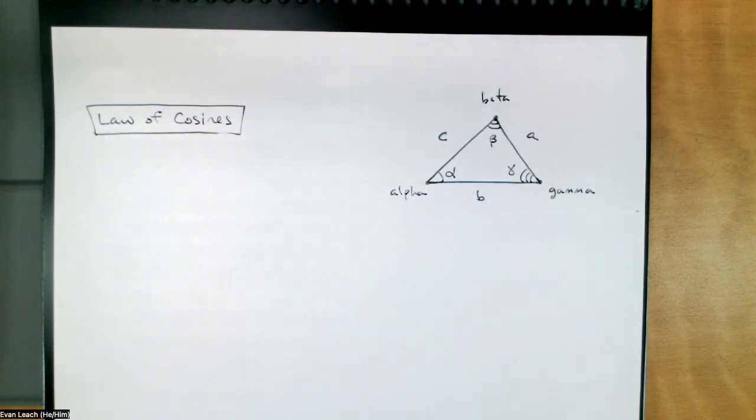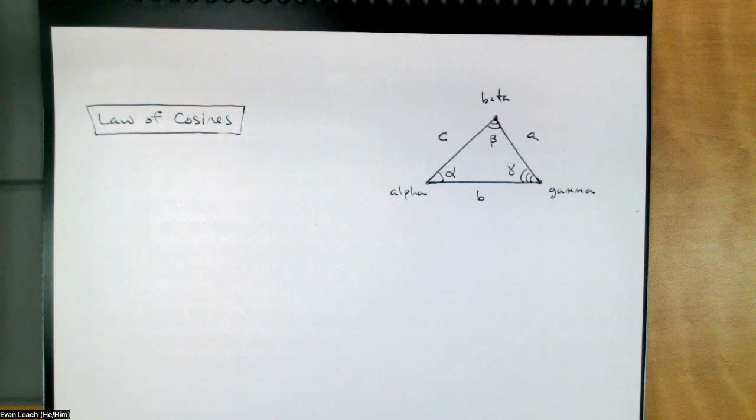So here's how we're going to set up our generic triangle. Before, we had c, the hypotenuse, because we had a right angle where I've written gamma. So I'm going to have angle alpha opposite side a, angle beta opposite side b, and angle gamma opposite side c. This will be our naming convention.